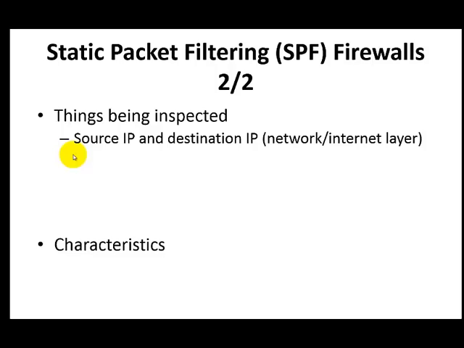So basically what this means is that the firewall looks at where the packet is coming from and where the packet is going, and it makes a decision on whether to accept or drop the packet based on the IP addresses. And the IP addresses typically belong to the network or internet layer of the OSI 7-layer architecture. If you're familiar with some of these basic networking concepts you learned from one of the networking courses you've taken.